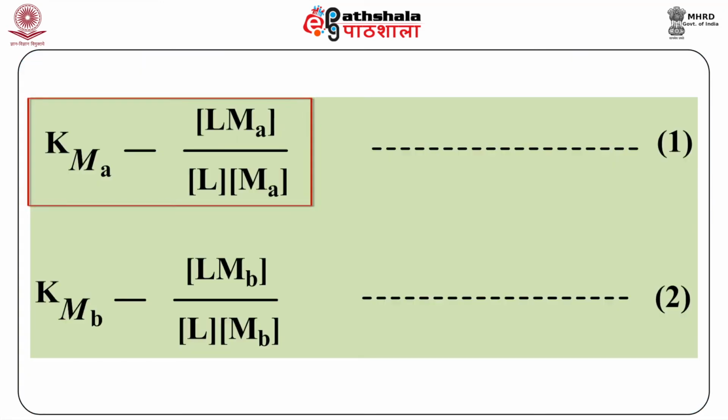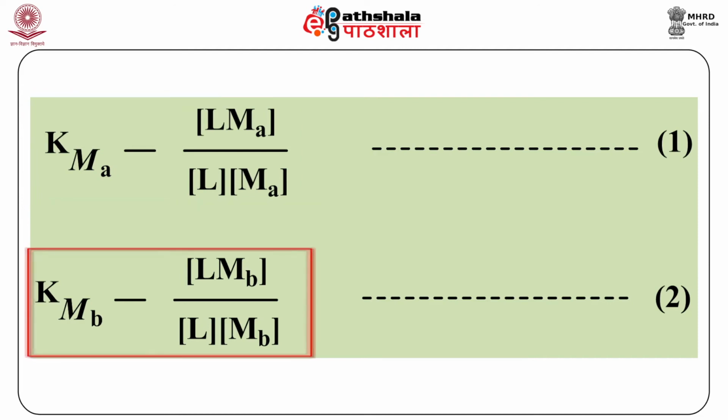Here, KMa is equal to the concentration of LMa divided by the product of the concentration of ligand L and metal Ma. Secondly, KMb is equal to the concentration of LMb divided by the product of the concentration of ligand L and the metal Mb.